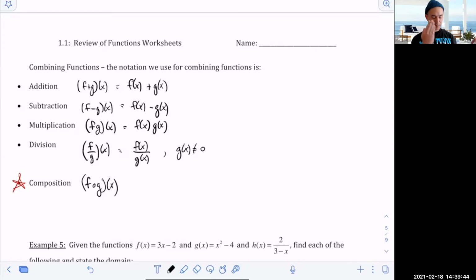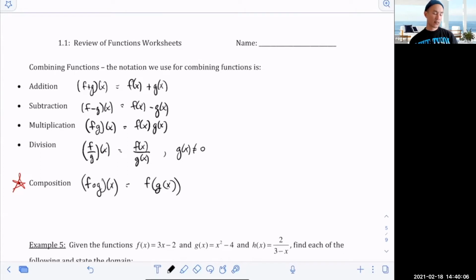In other words, the input value is on the right, and first we're going to do g to it, and then we're going to do f to it. So the way this is calculated is you start with x, first you do g to it, so you take g of x, then you take that output and you plug it into f.